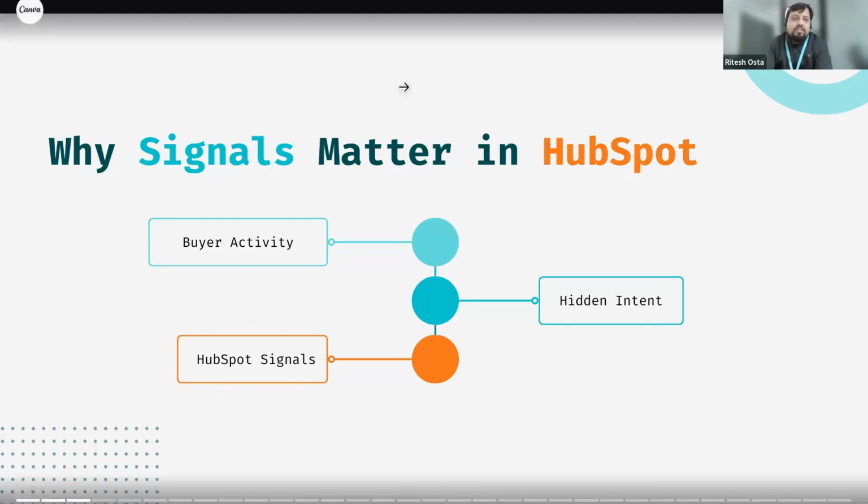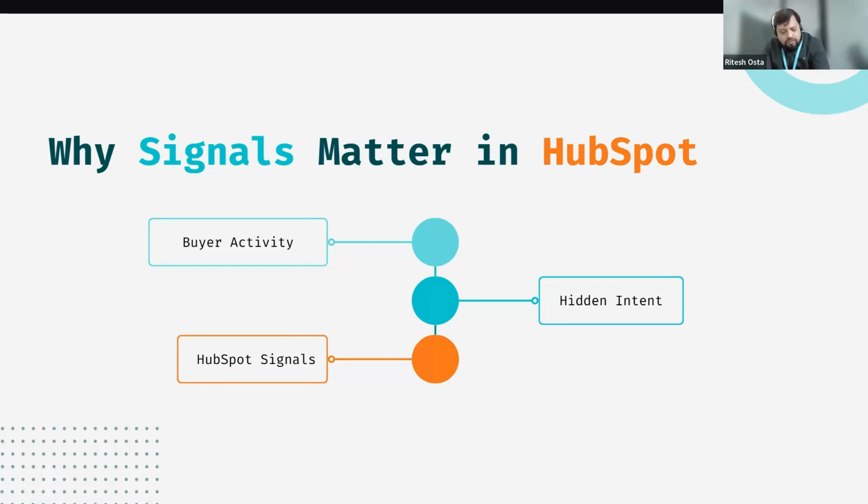So what is a signal? A signal is like, if a company is in your CRM, and the same company is also visiting your website, and the same company is also going for a funding round. Some of the activity is internal to HubSpot. Some of the activity is external to HubSpot, right? For example, if a buyer is engaging with you within the email, which is being tracked by HubSpot, it's internal to HubSpot.